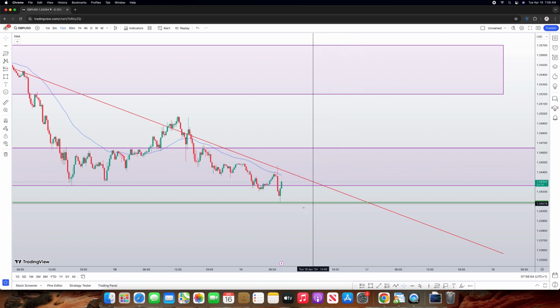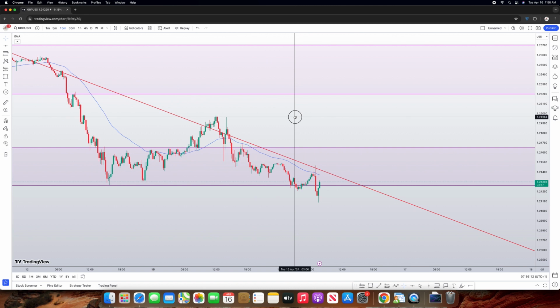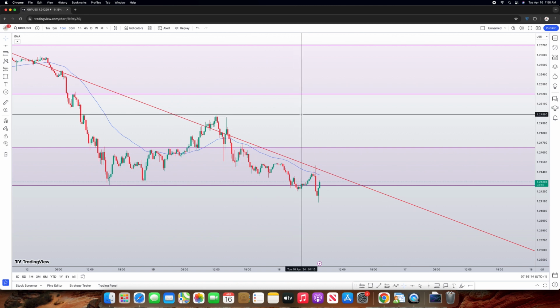So let's see whether it closes below here on the 4 hours time frame. Sorry guys, because this sell was supposed to be a win for us yesterday, but that's what it is. So let's see how things will play out today. Stay safe.